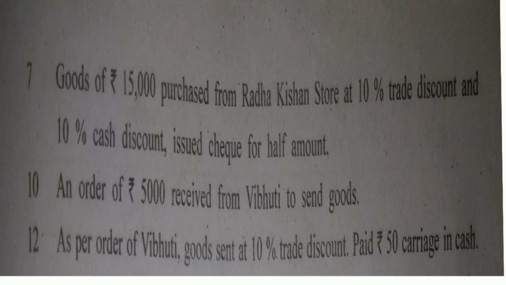On 7th of June, goods of rupees 15,000 purchased from Radhakishan store at 10% trade discount and 10% cash discount. Issued check for half amount. So talking about the journal entry first of all, and then we'll make you understand the amount.